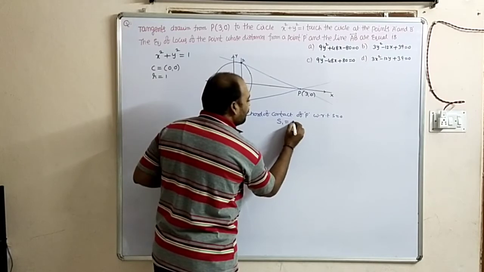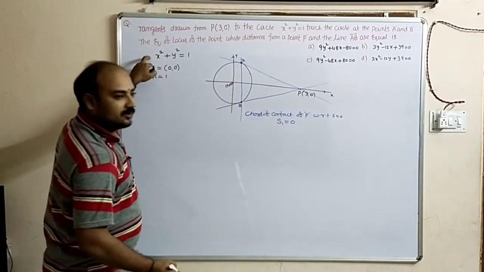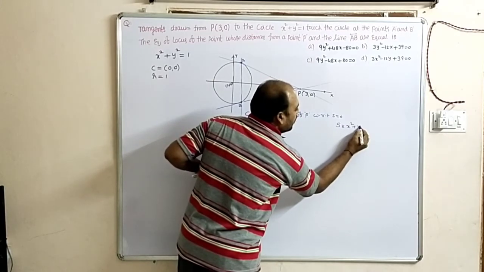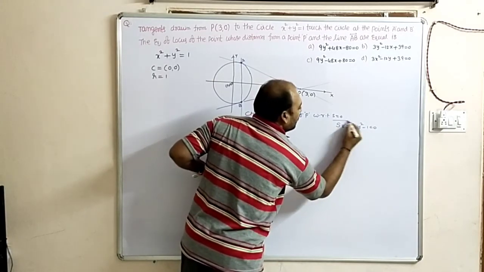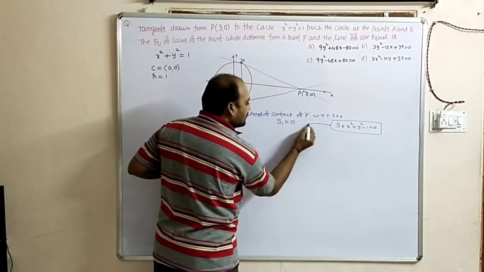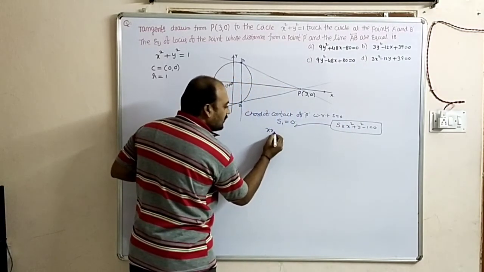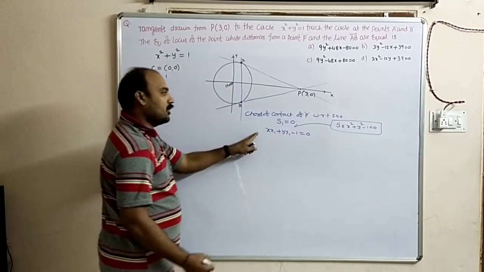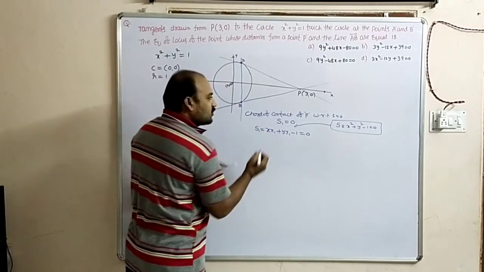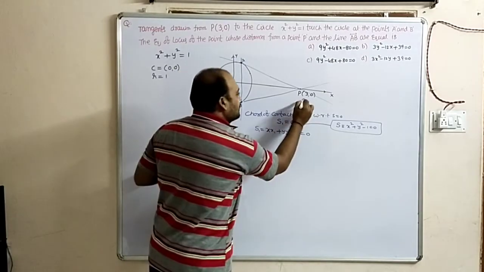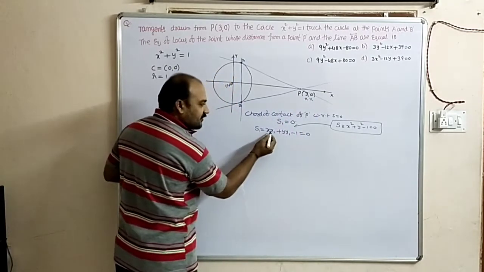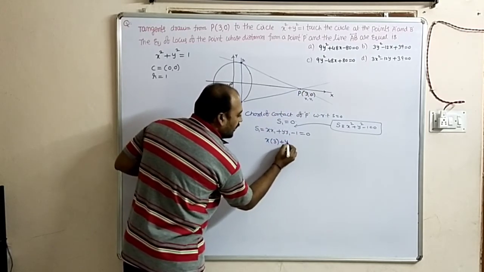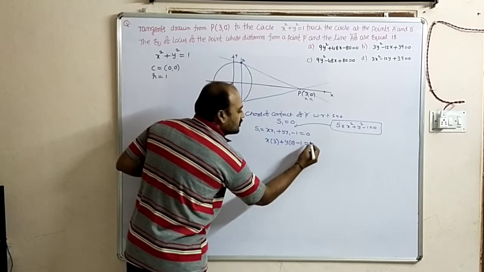S1 equal to 0. According to this, since the circle is S equal to x squared plus y squared minus 1 equal to 0, S1 equal to 0 is x x1 plus y y1 minus 1 equal to 0. For x1, y1 substitute the point (3, 0). x into 3 plus y into 0 minus 1 equal to 0.